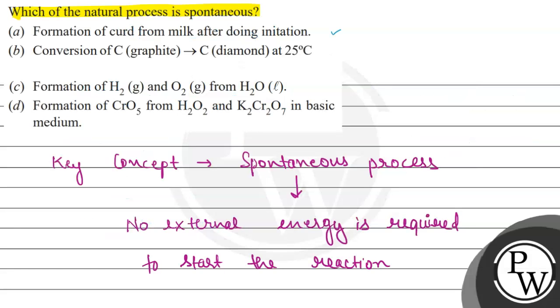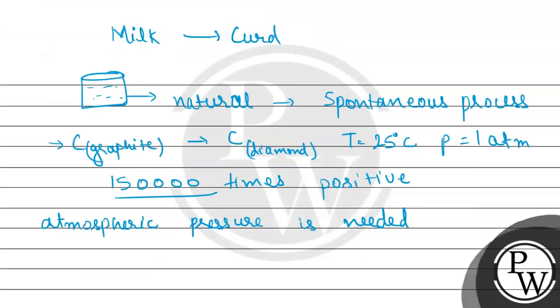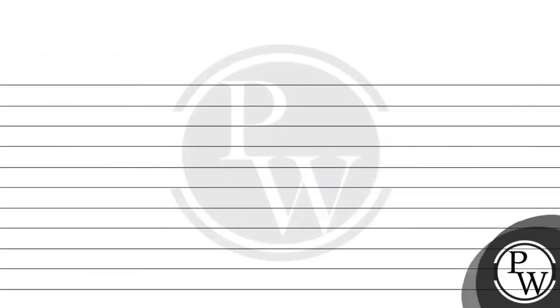Now next जो हमारे पास process है that is the formation of the water from the hydrogen gas or oxygen gas. Now let us see about this. जब हमारे पास water का formation होता है from the hydrogen gas and oxygen gas से then it leads to the formation of the H2O.